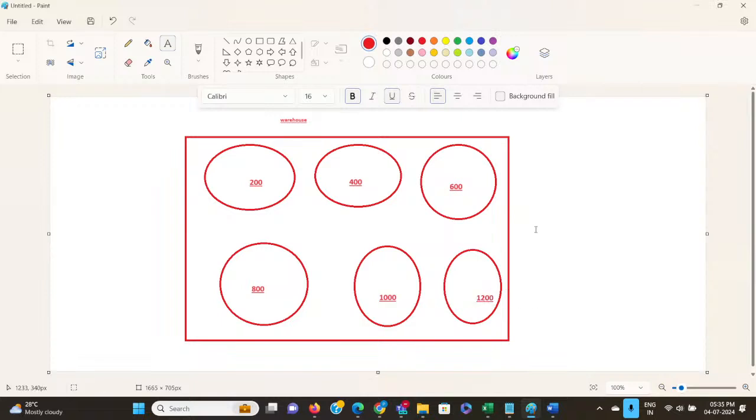Now, total of it is 200 plus 400, 600 plus 800, and so on. It is 4200. So total square feet would be 4200.